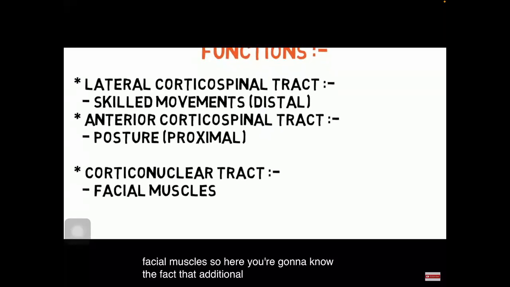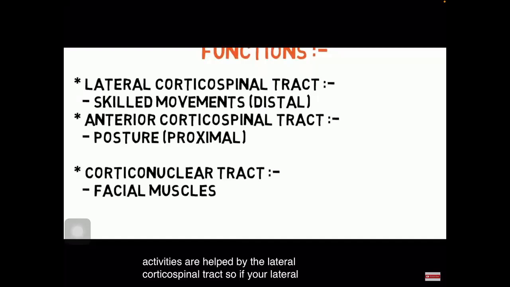So here you have to note that the distal groups of muscles, which are the muscles of hands and feet, are basically involved in skillful activities, such as using your hand for writing or handling stuff like pencils. Those activities are helped by the lateral corticospinal tract. So if your lateral corticospinal tract is affected, your skilled activities are affected.